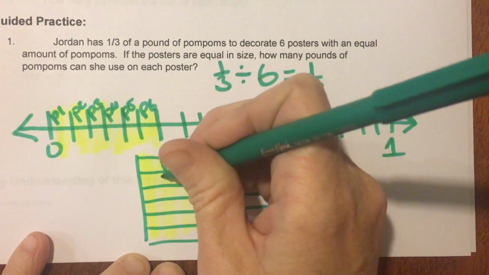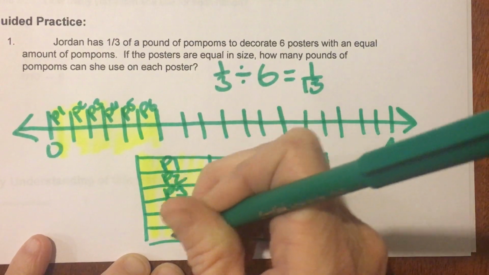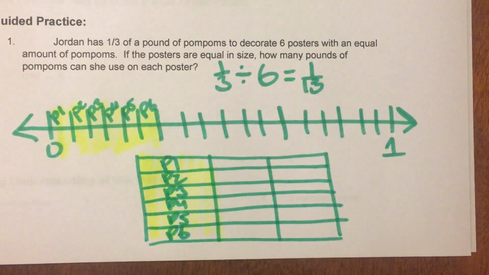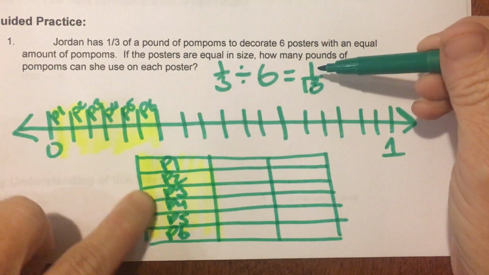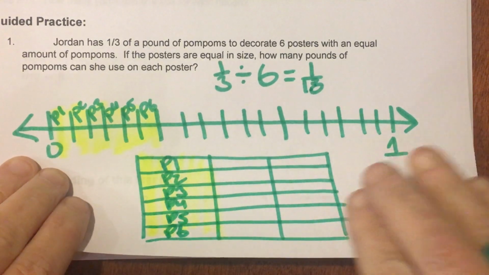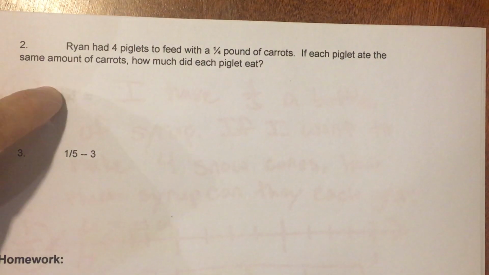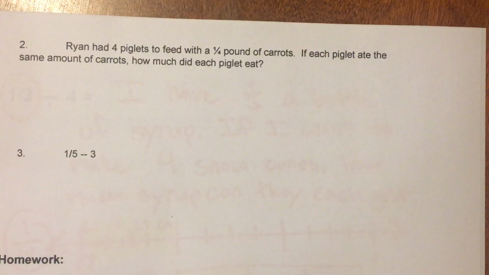So poster 1 gets those, poster 2, poster 3, poster 4, and poster 5, and poster 6. So again, each poster got 1 piece out of 18. Okay, because we're running late on time, I'm going to skip this one. You could try this one on your own later if you'd like.